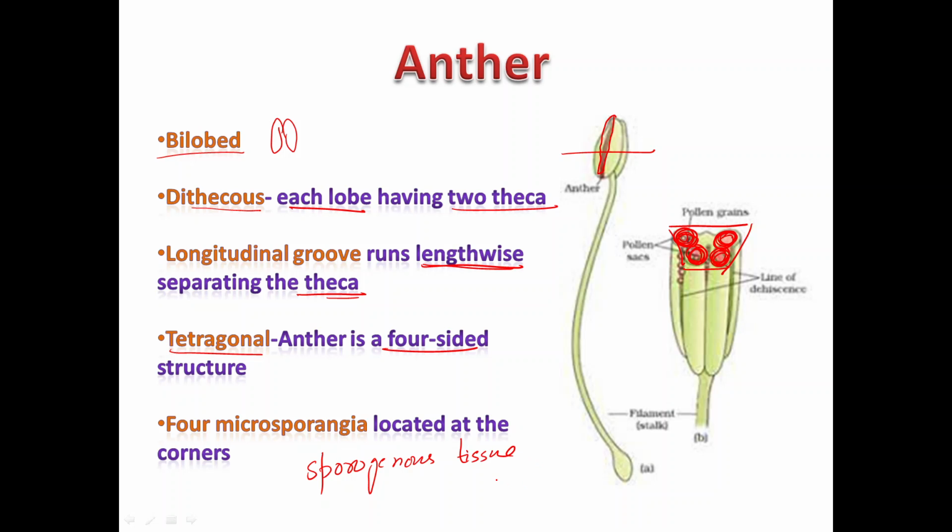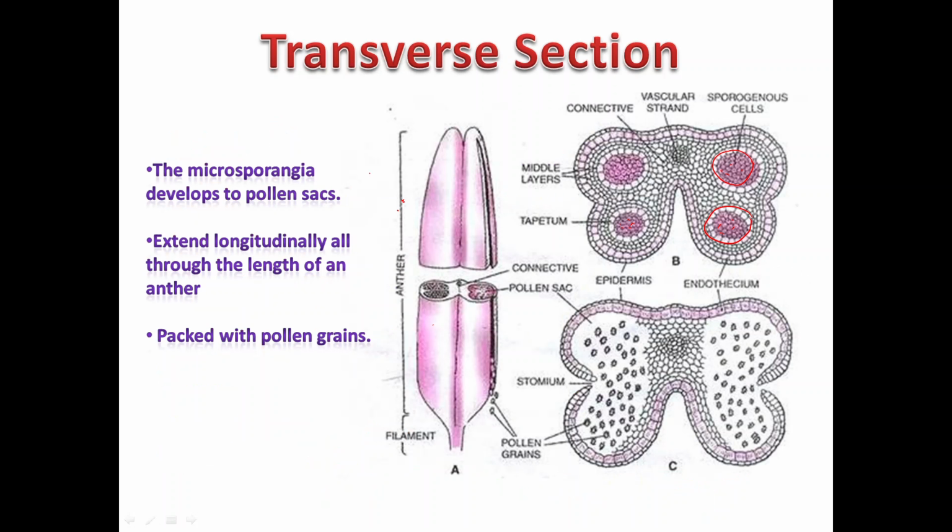This has many cells, and these cells will give rise to pollen grain in future. During development, these tissues will convert into pollen grains. How is this happening? Let's see in detail. When we look at the transverse section, you can see microsporangia, and it has the sporogenous tissue or the sporogenous cells.